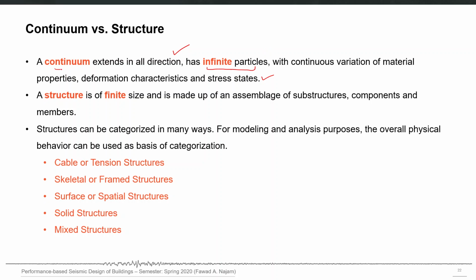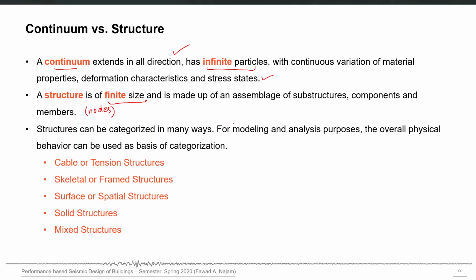But a structure is of finite size, and it is made of an assemblage of substructures, components and members. A structure will have finite degrees of freedom, with a finite number of displacements defined at its nodes. So structures can be categorized in many ways.